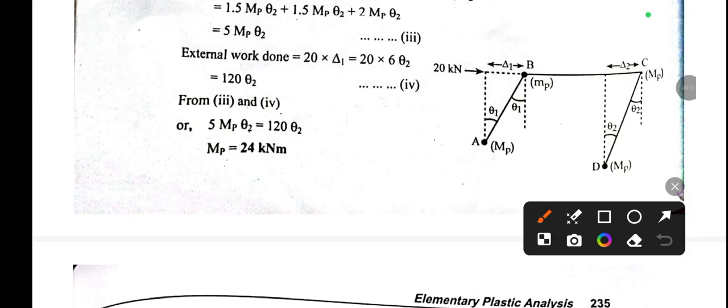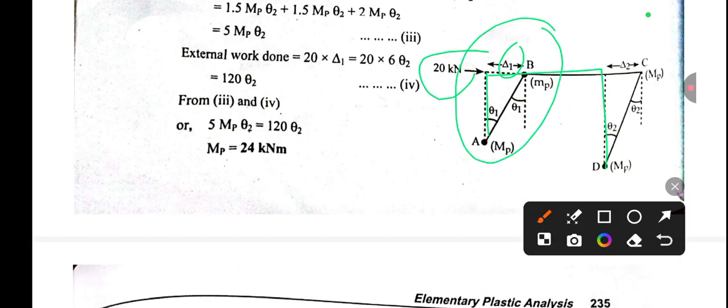Our frame sways like this, and initially our frame is like this, so we have shown this by the dotted line. Now you can see, due to this 20 kilonewton load, the beam deflected by delta 1 in this portion and delta 2 in the right side portion.